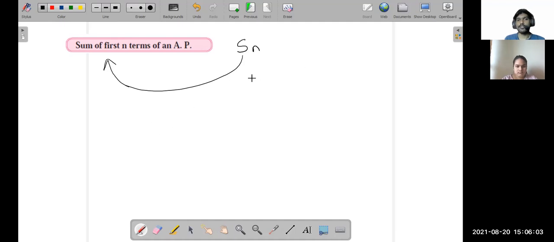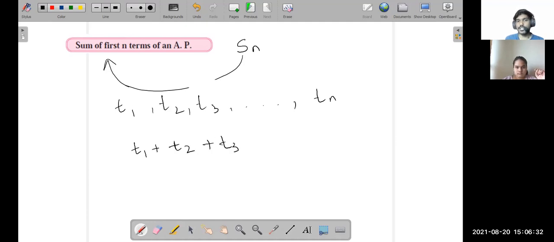Suppose you have an arithmetic progression T1, T2, T3 up to Tn, and you have to find the sum of all these terms: T1 plus T2 plus T3 up to Tn.